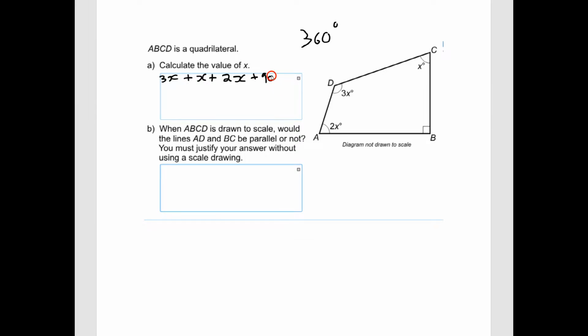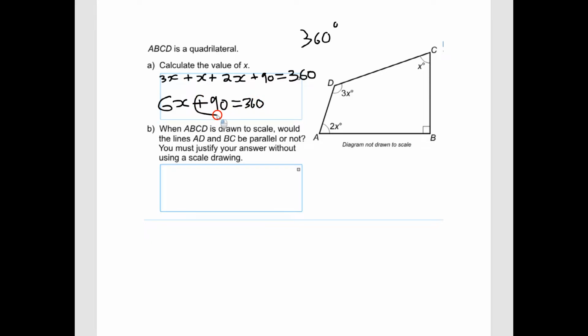All of those will add up to 360. So I've actually formed an equation. So I have 3x plus x plus 2x, which is going to be 6x, plus 90 is equal to 360.